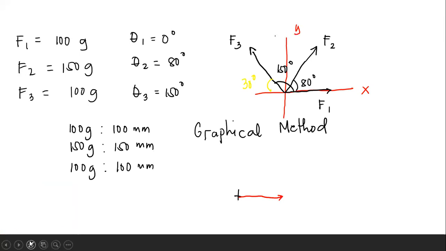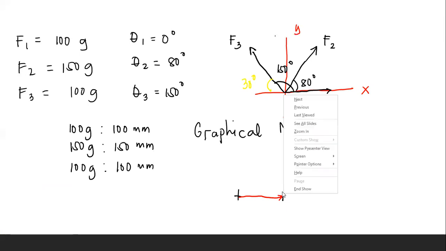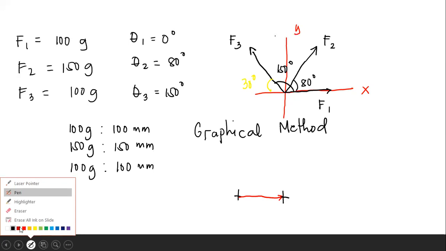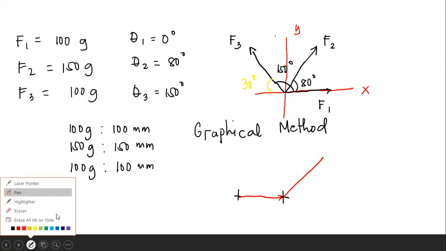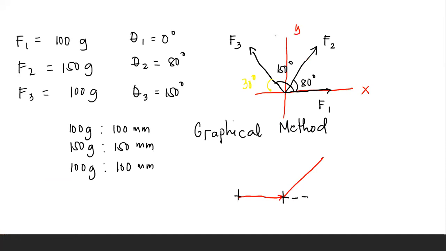After that, again, draw X and Y from the head of the 100 millimeters. And after that, from this point, you have to measure 80 degrees. Since this one is lying on the first quadrant, 80 degrees.